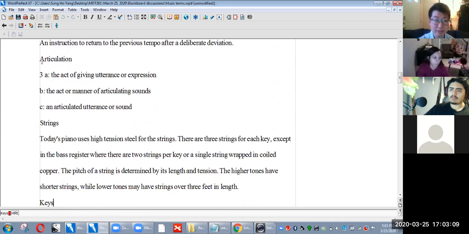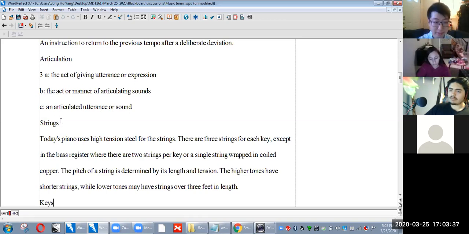This concept is very important when you learn how to play the piano. Articulation is the act of giving utterance or expression, the manner of articulating sounds. The other meaning is an articulated utterance or sound.